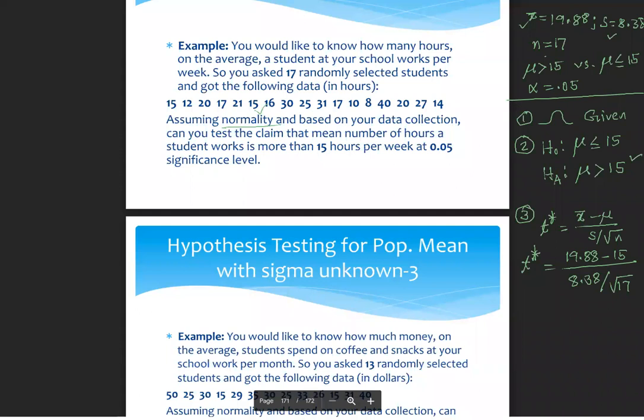And if you do the math, what do you get? 4.88 divided by 8.38 times the square root of 17, which is 2.40.